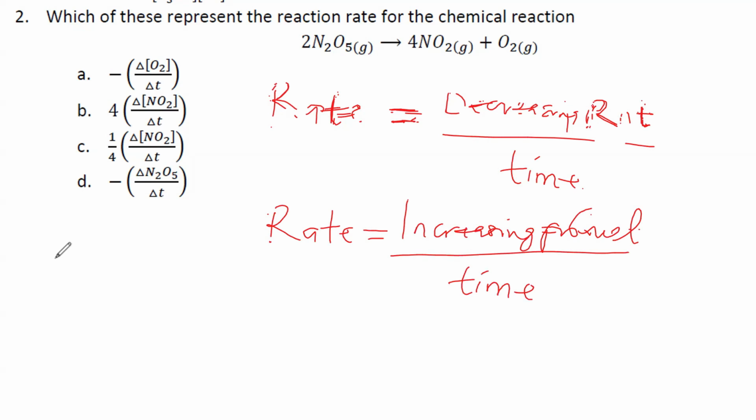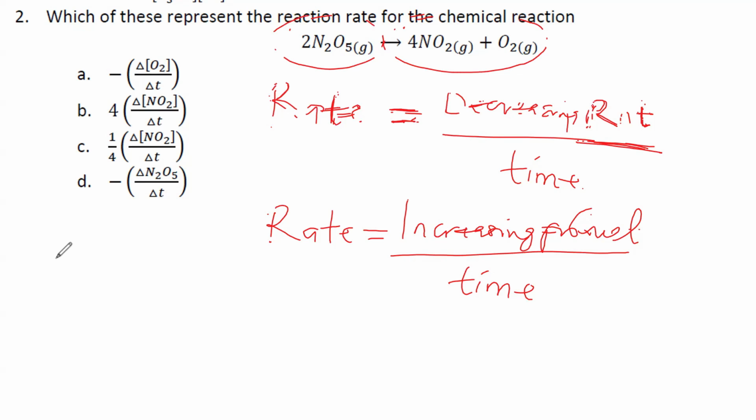So these are the two ways of measuring rate of the reaction. You can measure the rate of the reaction by decreasing the reactant or increasing the product per unit time. Because generally, if a chemical reaction is taking place, before the reaction reaches completion, the concentration of the reactant will be decreasing while the concentration of the product will be increasing.